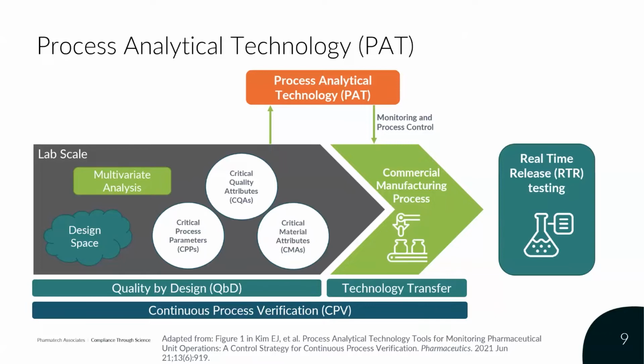Often this involves multiple steps and holding times. You might start with blending, and then the blend is then segregated into containers which have to be sampled, stored, and then the samples sent to the analytical lab for testing.